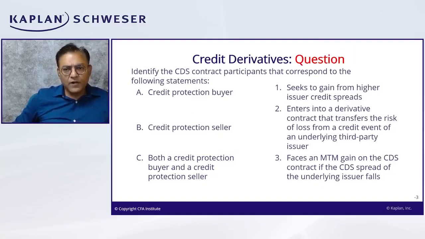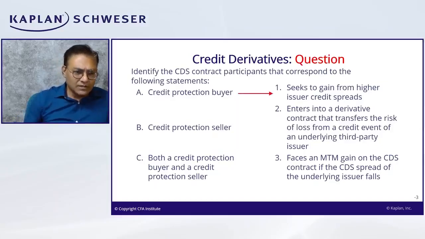So you're looking for a higher credit spread, and that corresponds to statement number 1, seeks to gain from higher issuer credit spread. Remember, exactly the opposite for the protection seller. They stand to gain when the CDS spread decreases or the credit spread of the underlying protected instrument decreases.